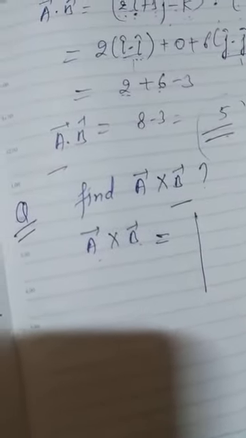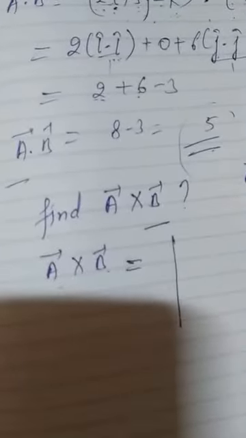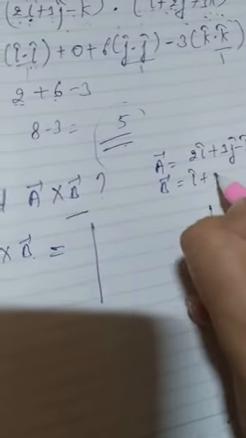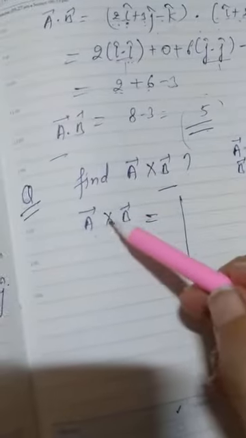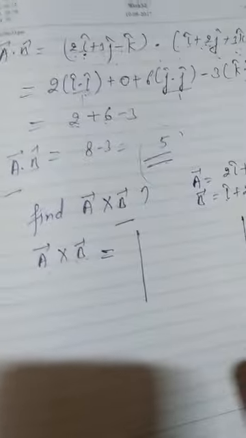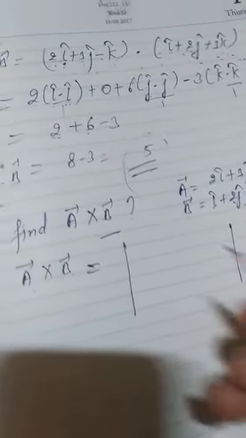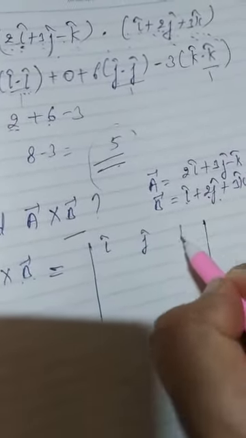Now we will write all terms. A vector is 2i cap plus 3j cap minus k cap, and B vector we have taken is i cap plus 2j cap plus 3k cap. Using these vectors A and B we will take their cross product by using the matrix method. First we will write the unit vectors i cap, j cap and k cap.